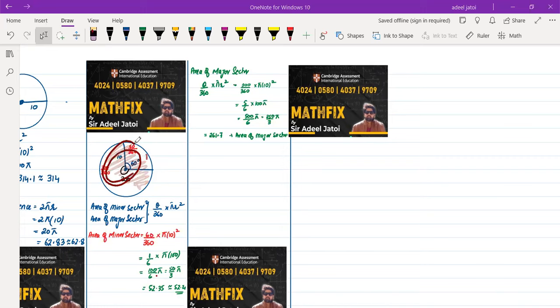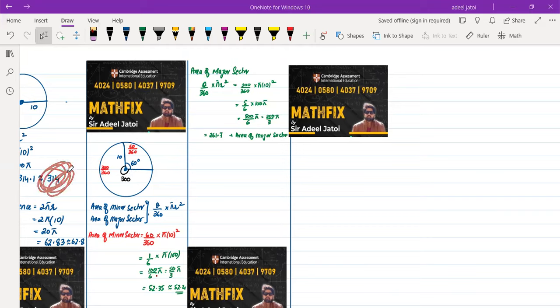The entire circle area was 314, because the radius was 10. If I want to find out the entire circle area, I do not need the angle. I will only be needing the radius.